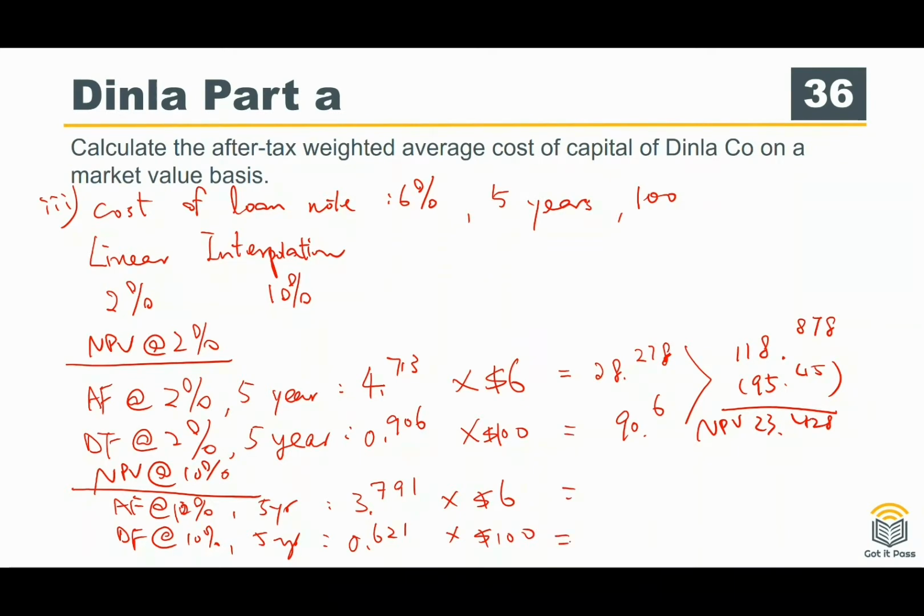So what you got here is 3.791 times $6, which is $22.746. And for the face value or the nominal value of the loan notes, which is $62.10. And with this formula, you can get $84.846, and you minus $95.45, so you got the negative NPV of minus $10.06. Okay, so when you got these two numbers, you can work out the linear interpolation.